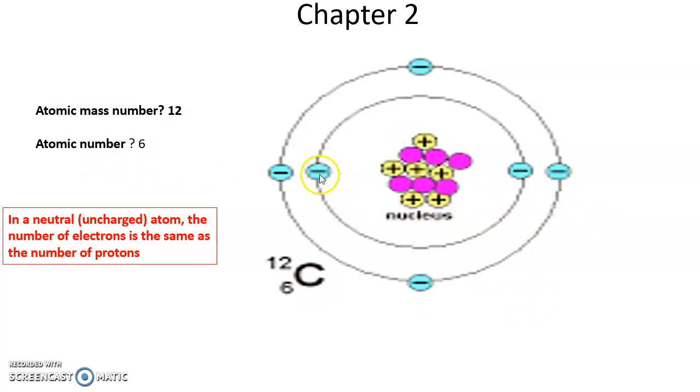And when we also look at this, we see 1, 2, 3, 4, 5, 6 electrons. So the number of electrons in an uncharged or neutral atom equals the number of protons. So anytime we're saying atom in general, you're going to assume the number of electrons equals the number of protons and that the atom has no inherent charge.